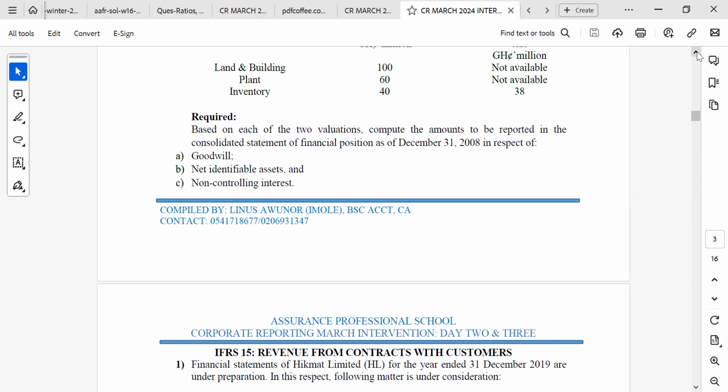Under the first situation, we are going to be having 100 plus 60 plus 40 plus 40 minus 40.